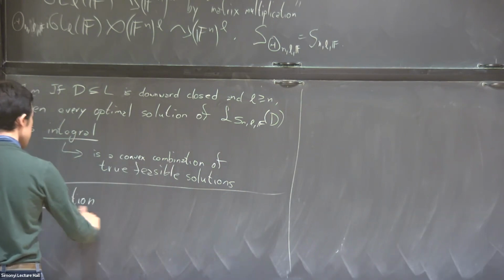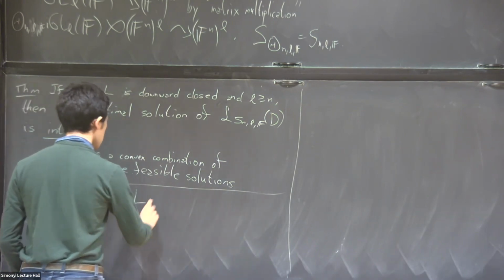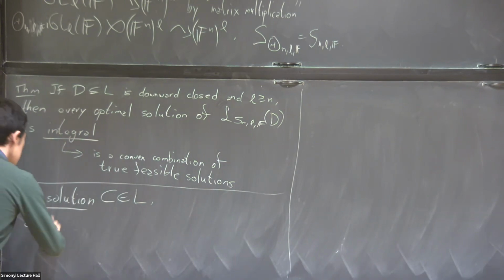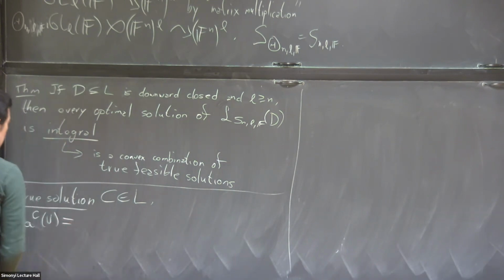So if I have some code C in L, the true solution is A of C, right? So what do I do here? Remember, this is the configuration, but now I'm over the subspace scheme.